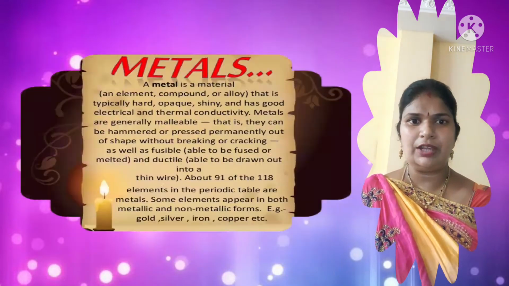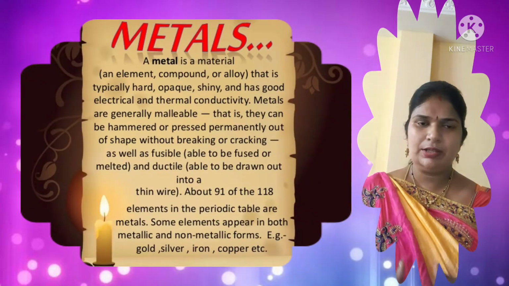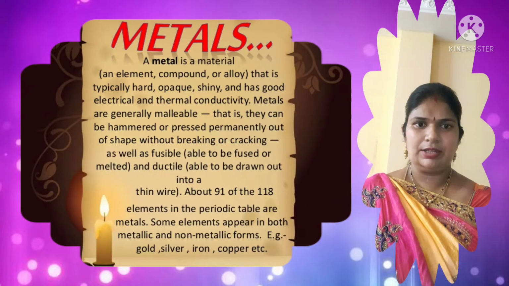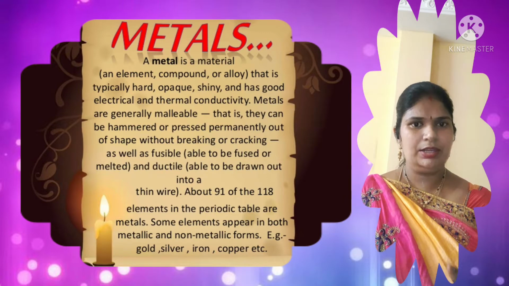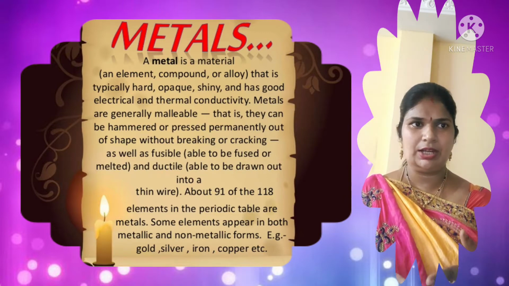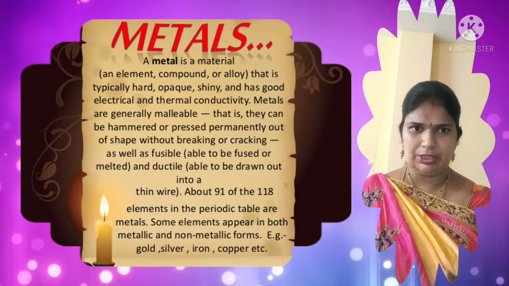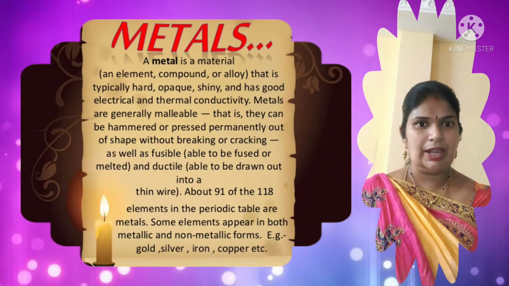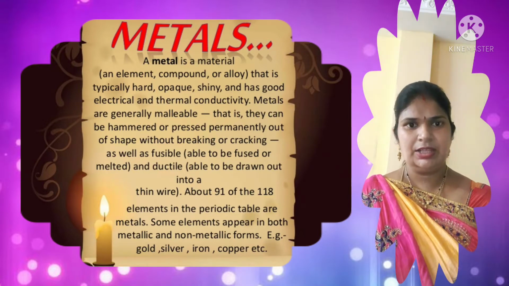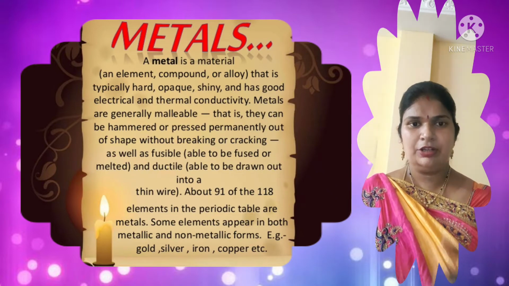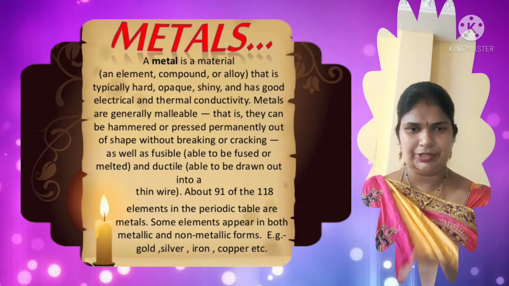So how do you define a metal, children? A metal is a material that is typically hard, opaque, shiny and has good electrical and thermal conductivity. And metals are generally malleable, that is, they can be hammered to convert into thin sheets.